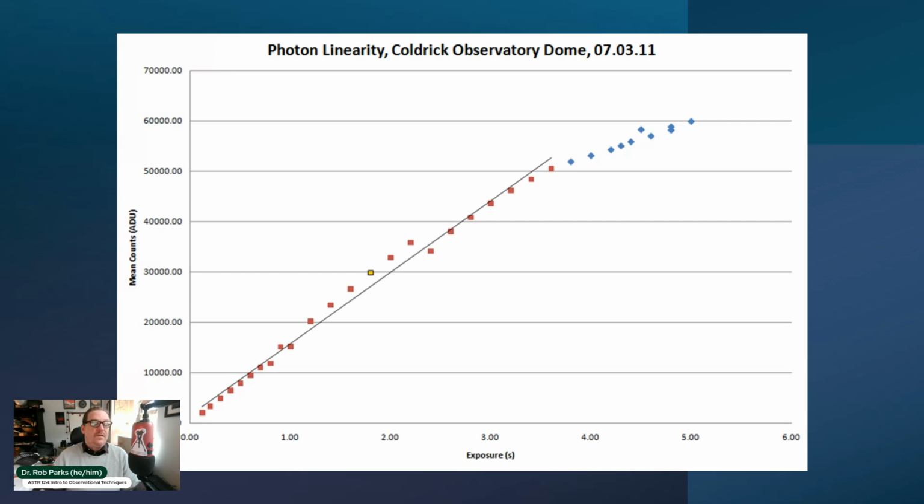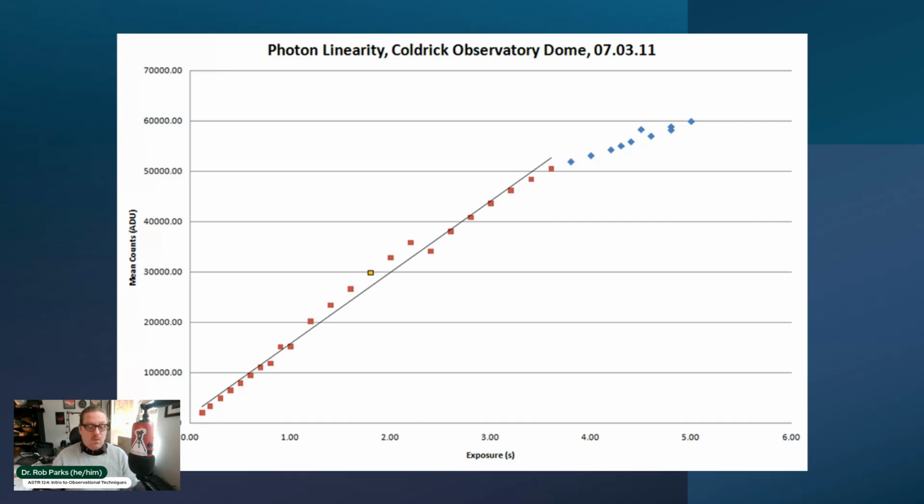For example, the mean counts of a star at 1 second is around 15,000. They double that, and then they increase the exposure time. That collects more light, and so the number of counts goes higher.